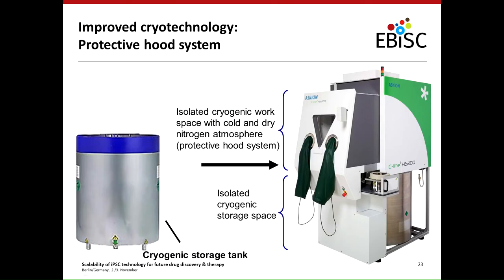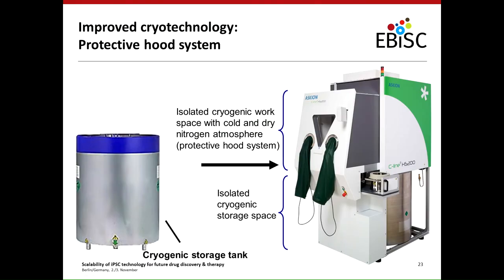At the mirror bank at Fraunhofer IBMT, we are using improved cryotechnology, the so-called protected cold system. The big advantage here is that you have systems looking like this. You have in the lower part a standard liquid nitrogen tank, but above you have this so-called protected cold system. This system can be cooled down to -100 to -130 degrees.